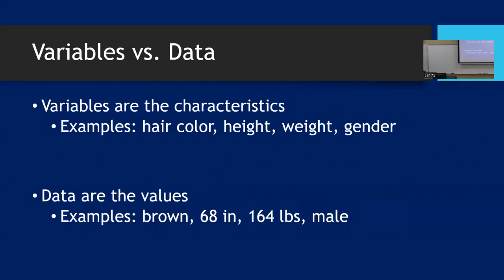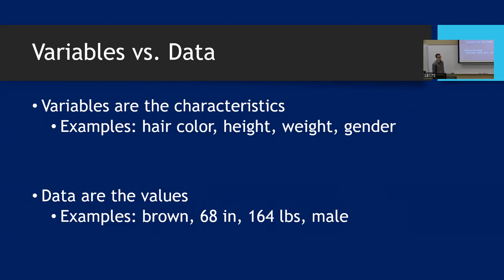Now, whenever we're dealing with statistics, we're dealing with variables and data. Variables are the characteristics or the traits that individuals can assume. If we're talking about, let's say, people, then variables are things like hair color and height and weight and gender.